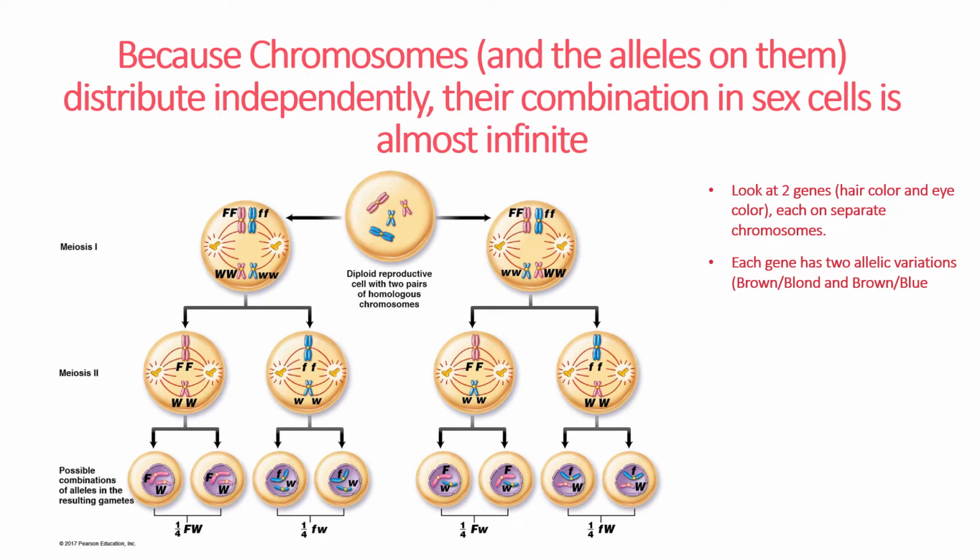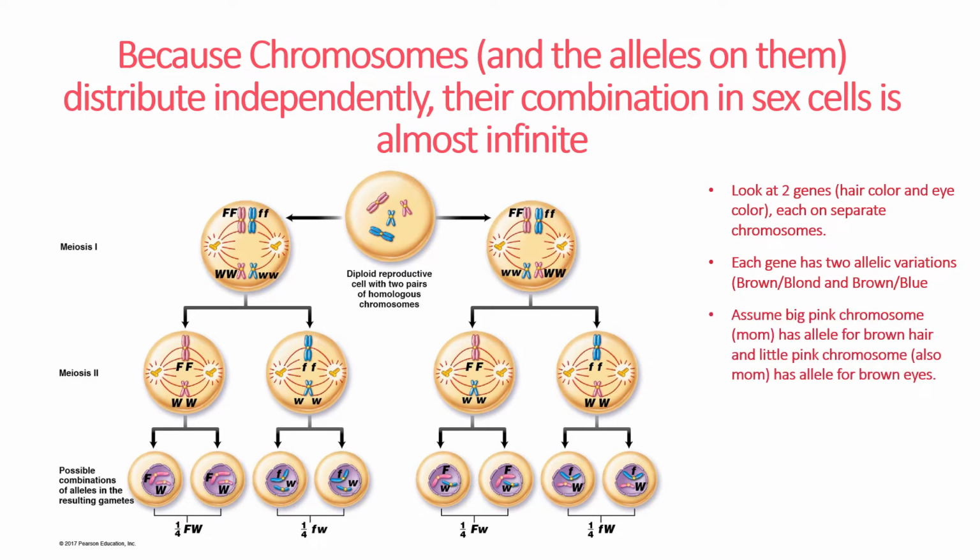The gene for hair color being only blonde or brown, and the gene for eye color being only brown or blue. We're going to assume that the pink chromosome, which came from mom, has the allele for brown hair on the big chromosome and the allele for brown eyes on the little chromosome.